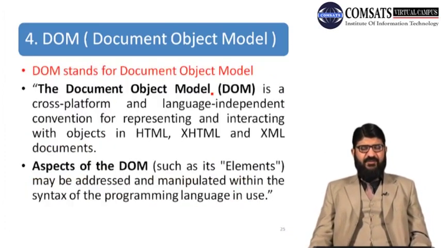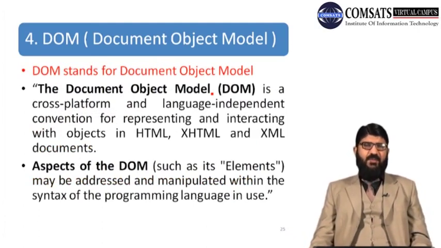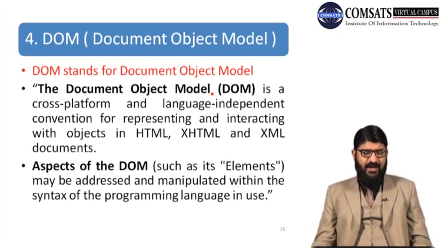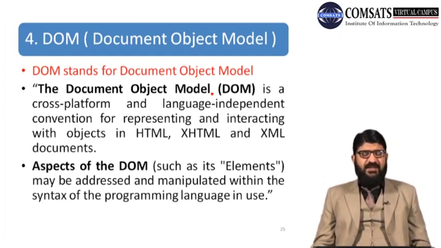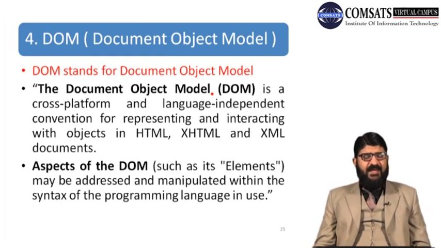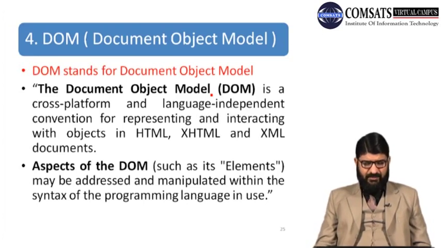So DOM stands for document object model, which is cross-platform, language independent, and a convention for representing and interacting with different objects in HTML, XHTML, and XML. And we have different aspects of the DOM, which are the DOM elements, which may be addressed and manipulated within the syntax of the programming language in use.